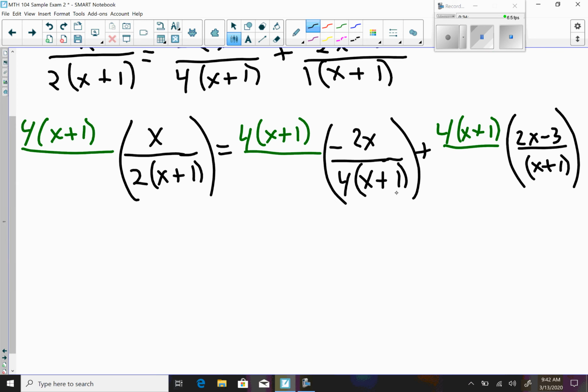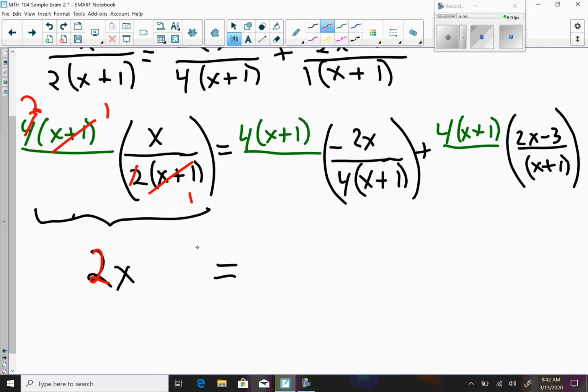The next equation will have no fractions. This first term is just 2x because 4 divided by 2 is 2. That's where this came from. And x plus 1 divided by x plus 1 is 1. So all I see left here is 2 times 1 times x. Over here, this is just negative 2x. 4 divided by 4 is 1.